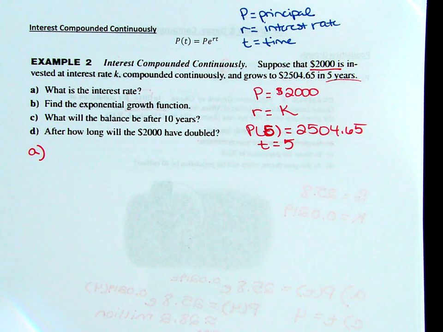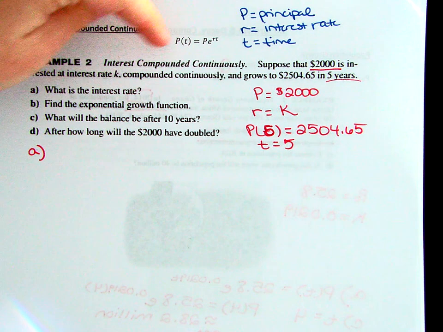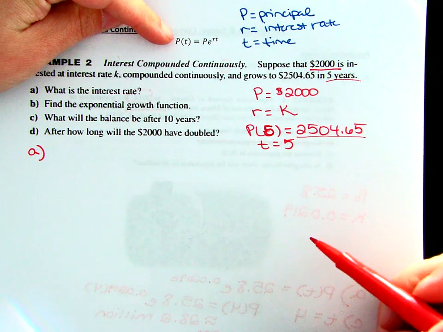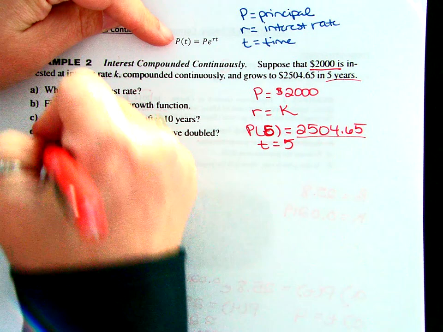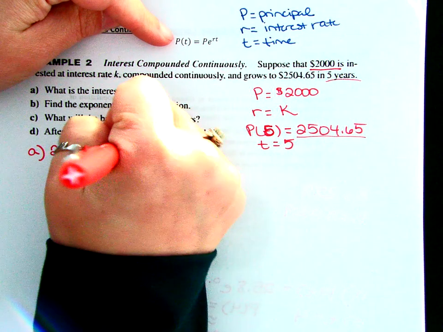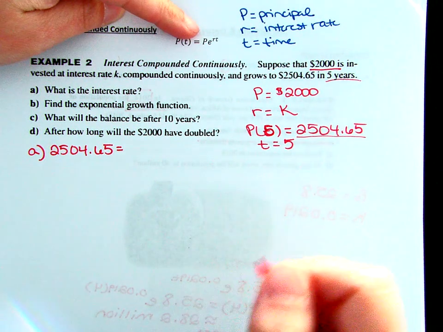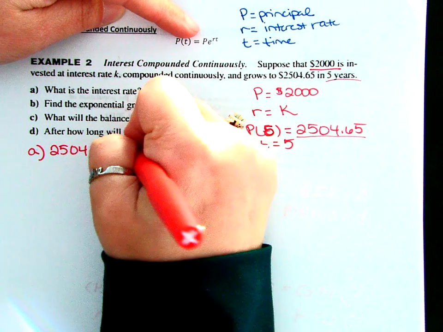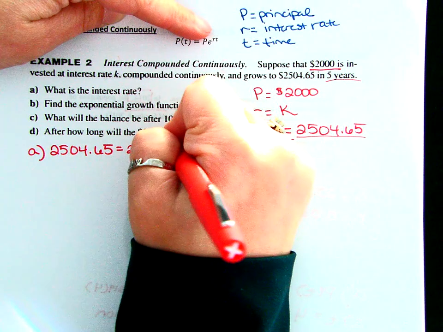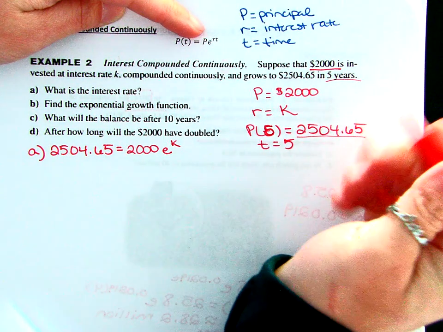And in this case, the one piece that we don't know is the actual interest rate, our R. We don't know what it is. We know our P of T, because in 5 years, the amount of money we have is going to be 2504.65. And that equals our starting principal, which was 2,000, times e to the r, but we don't know r, and in this kind they call it k, times our time, which is 5.